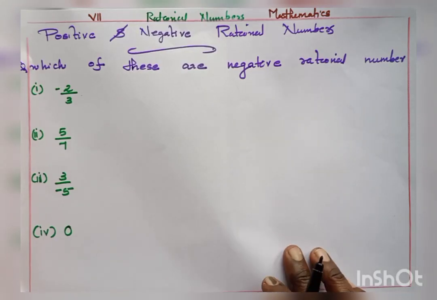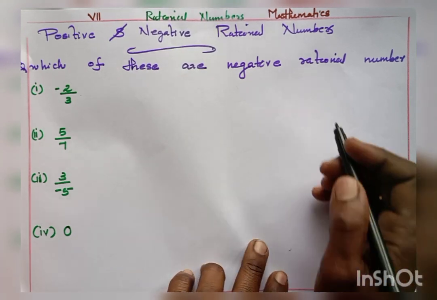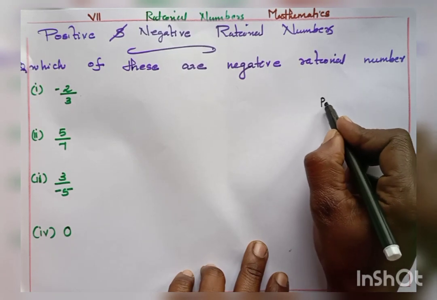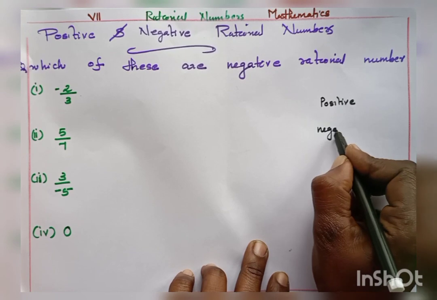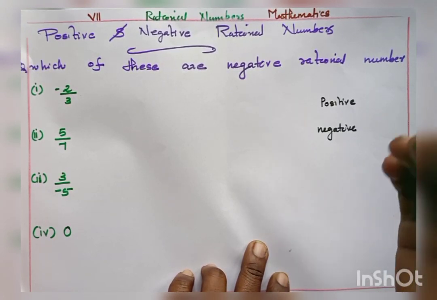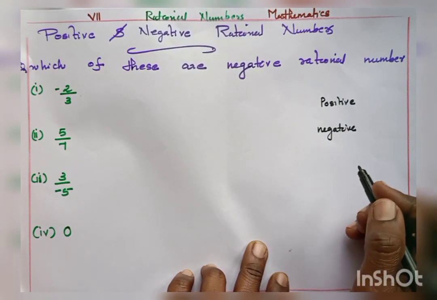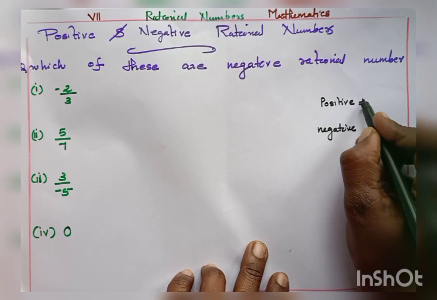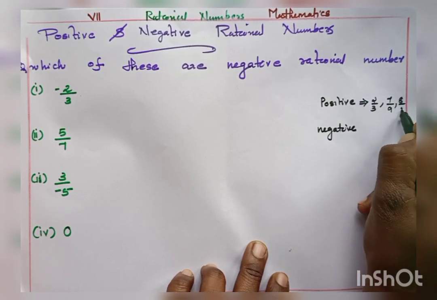Okay, next listen. Positive and negative rational numbers. We know the rational numbers are classified into positive rational numbers and negative rational numbers. How can I identify a positive rational number? When the numerator and denominator both are positive, we can say it is a positive rational number. Suppose 2 by 3, 7 by 9, 8 by 25.